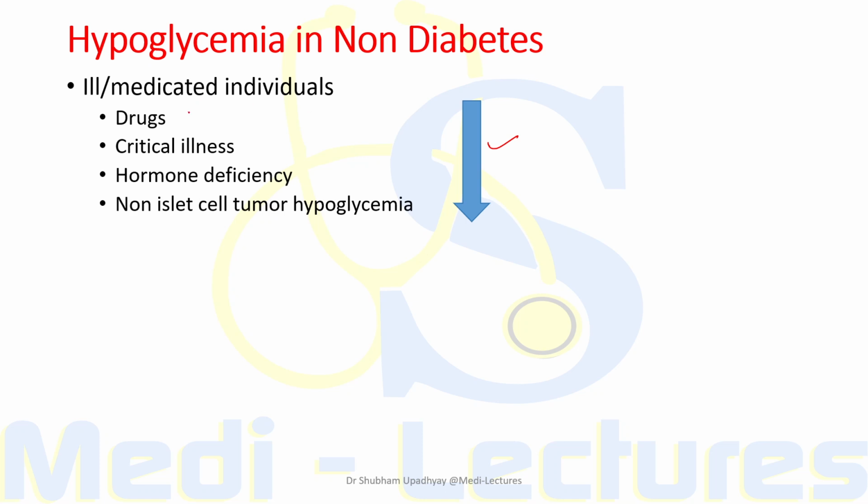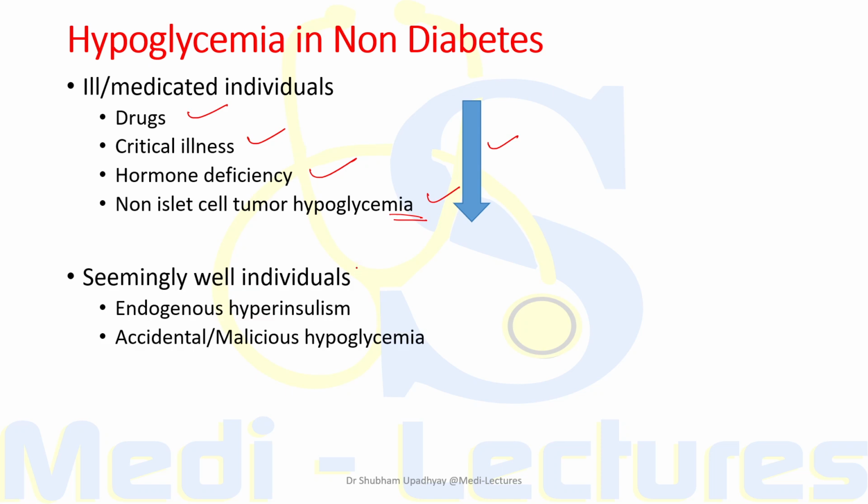So first we have to rule out drugs, then critical illness, hormone deficiency, then we have to search for any non-islet cell tumor which can cause hypoglycemia. On the other hand, in seemingly well individuals, the causes include endogenous hyperinsulinism as well as accidental or malicious hypoglycemia. Now we will discuss each of these causes in detail.